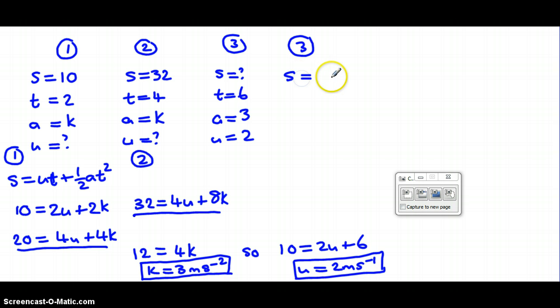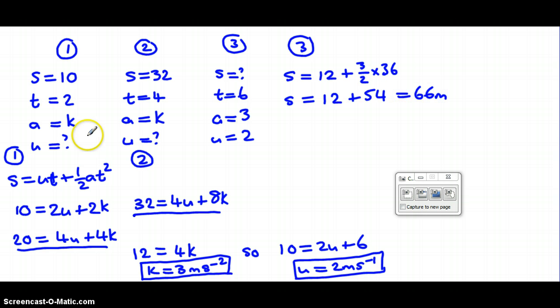So S will be u times t, which will be 12, plus a half of the acceleration times t squared, which is 36. Half of 36 will be 18, and then 18 times 3 is 54. So we've got 66 meters travelled in total.